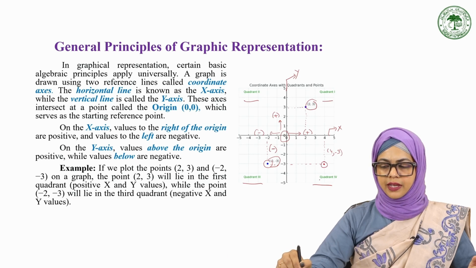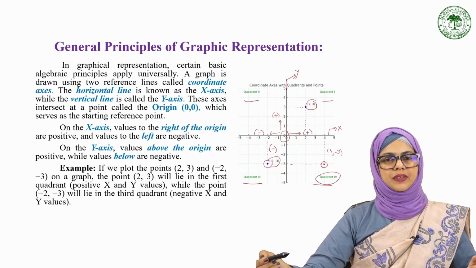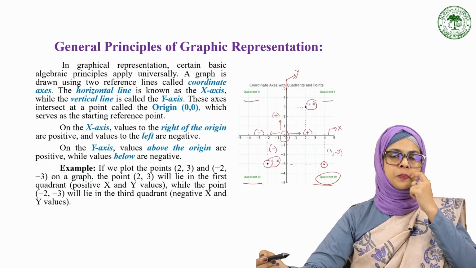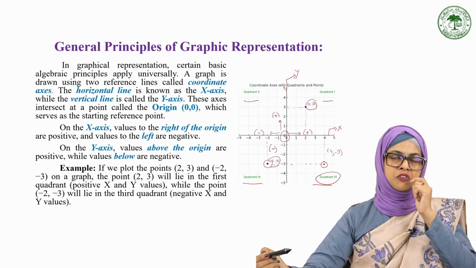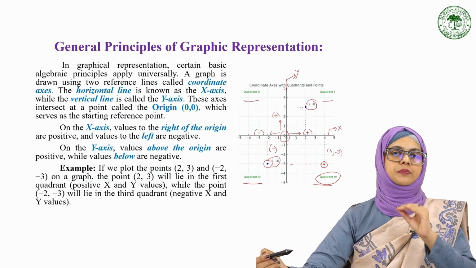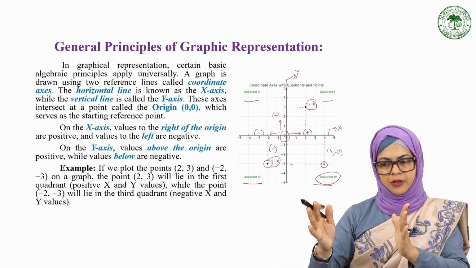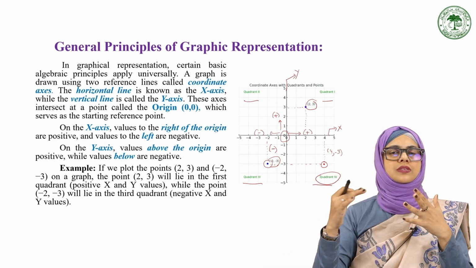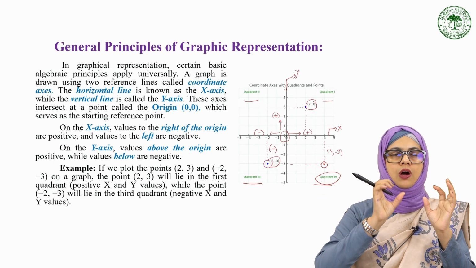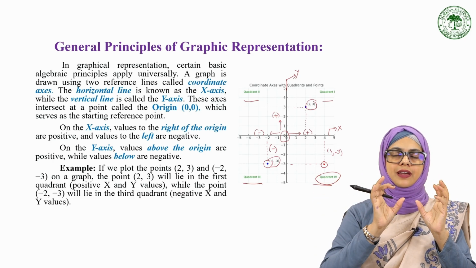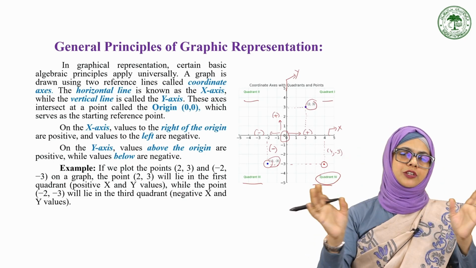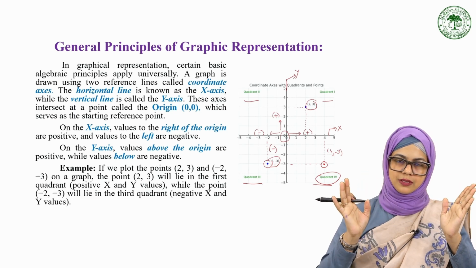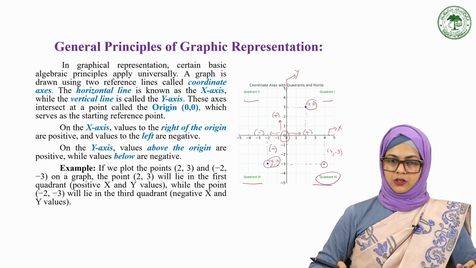So it is lying in the fourth quadrant. This way you'll be able to plot and represent, and you'll be following the general principle of graphical representation. Use a graph paper initially, and once you have the hands-on experience, then of course you can use any kind of paper if you know how to equally justify the axes and the information present on both axes. Okay. So this is all.